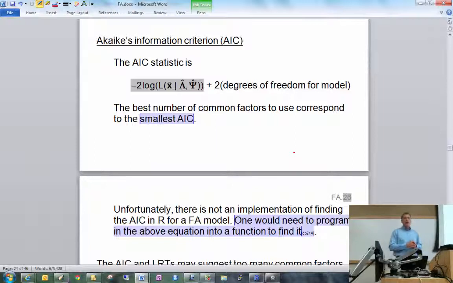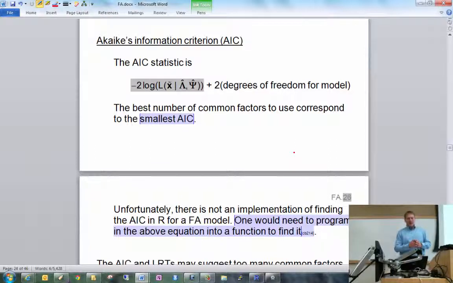Of course, what one could do is program in the corresponding equation that you see there. I guess because of time considerations, I decided not to, at least this time around when I teach the course.